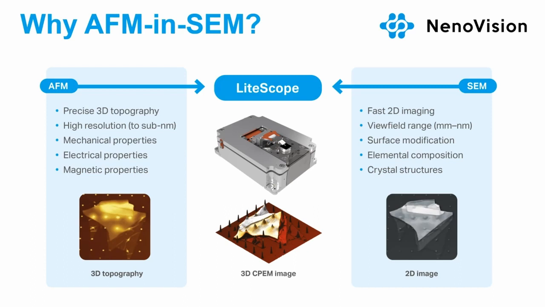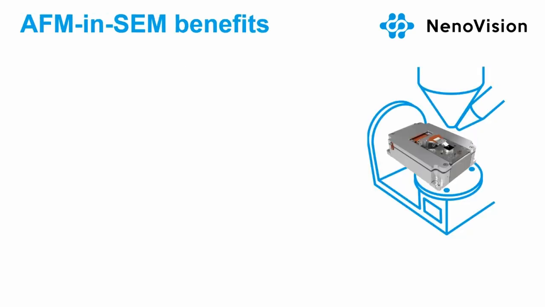On the other hand, we take the best from the SEM world, which is fantastic for fast 2D imaging, broad wide field up to centimeters even, but you can also modify your surface, make element composition analysis or crystalline structure analysis. So taking both, putting together, this is the concept of the LiteScope and correlative microscopy.